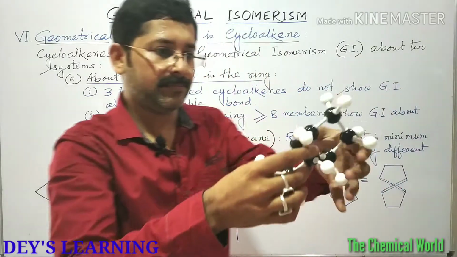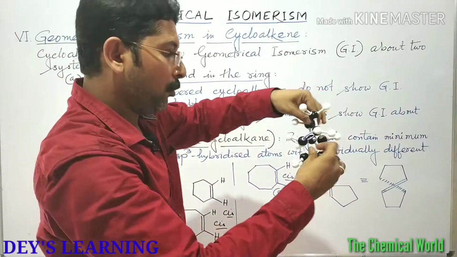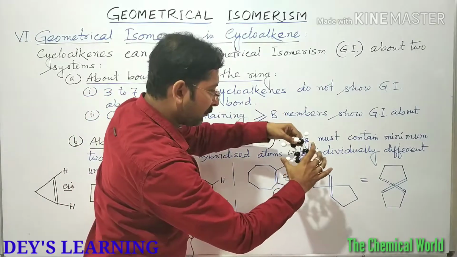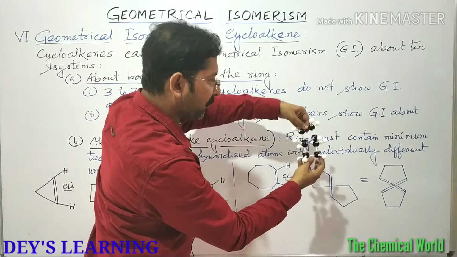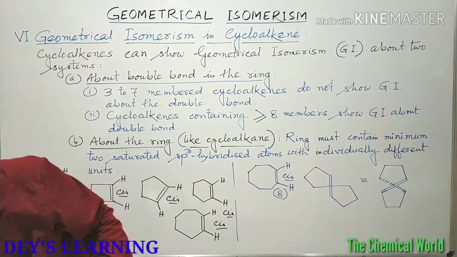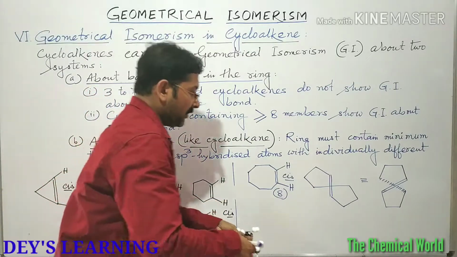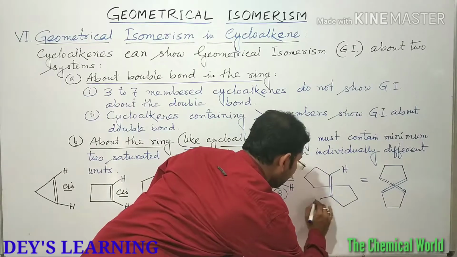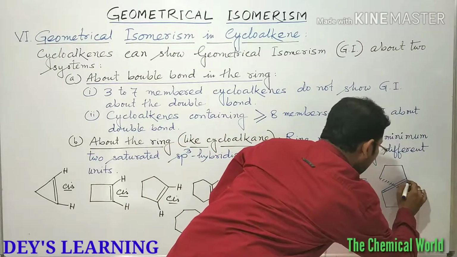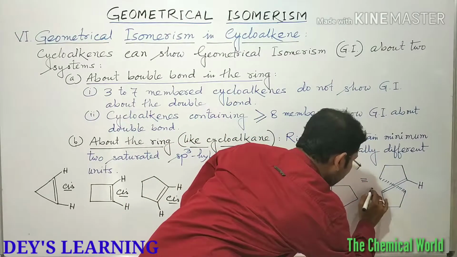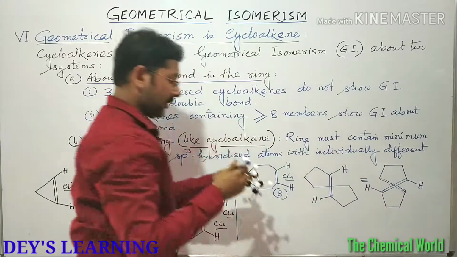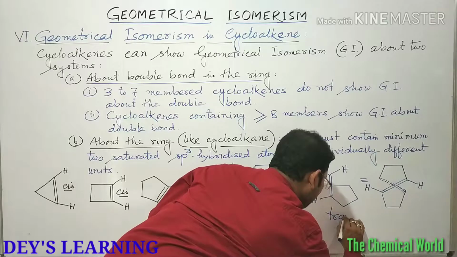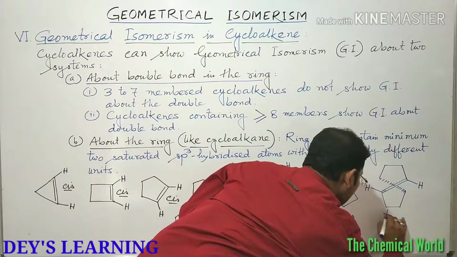This view. These two hydrogens exist in the trans configuration. The hydrogen exists here and the hydrogen exists here, in trans configuration. So this is trans. This is trans.